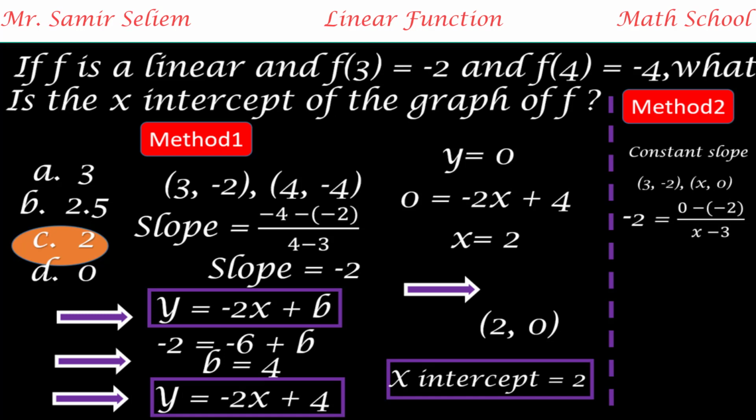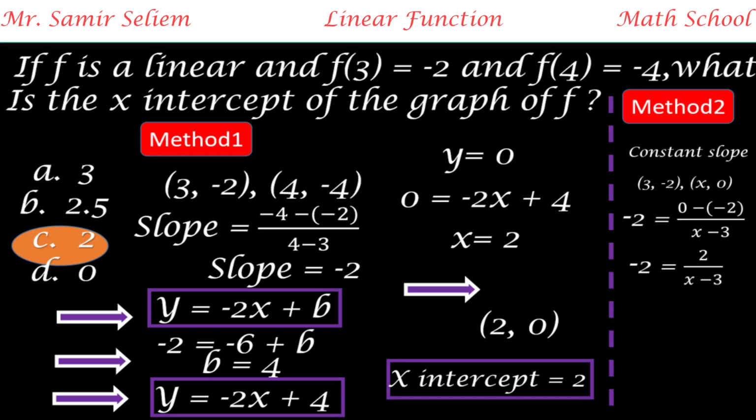And we find the slope by using the 2 points: x, 0, which is the x-intercept, and this point which is 3 and negative 2.